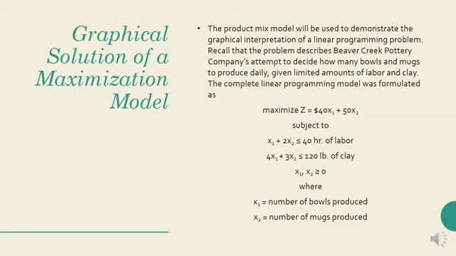Maximize z is equal to 40x1 plus 50x2 subject to x1 plus 2x2 is less than or equal to 40 hours of labor, and for the material constraint or clay constraint, 4x1 plus 3x2 is less than or equal to 120 pounds of clay, where x1 and x2 are greater than or equal to 0.